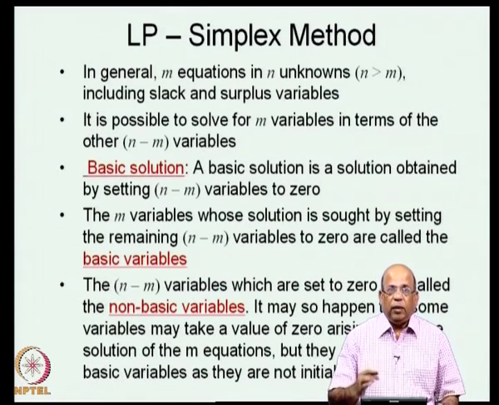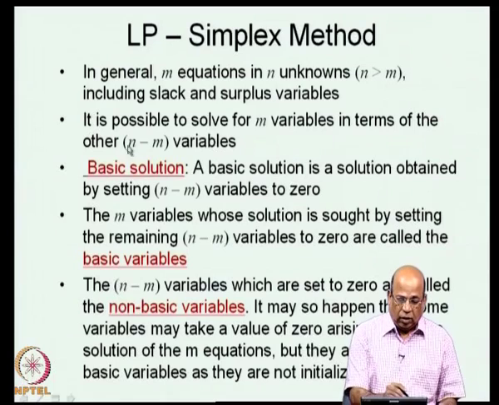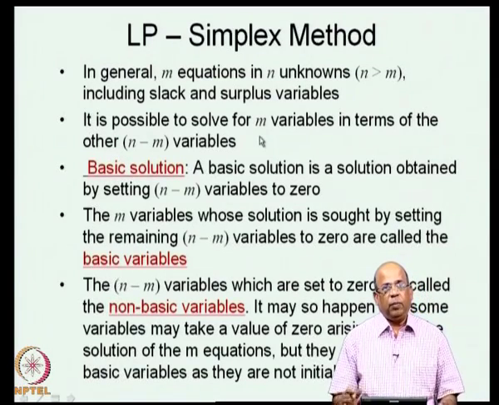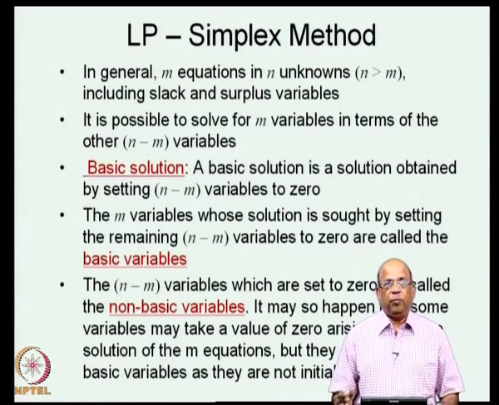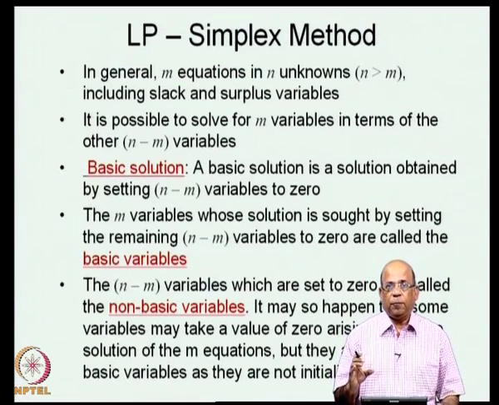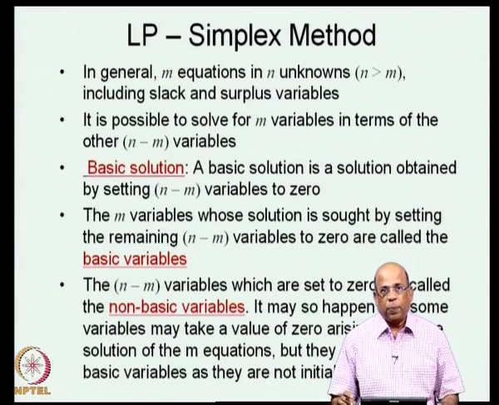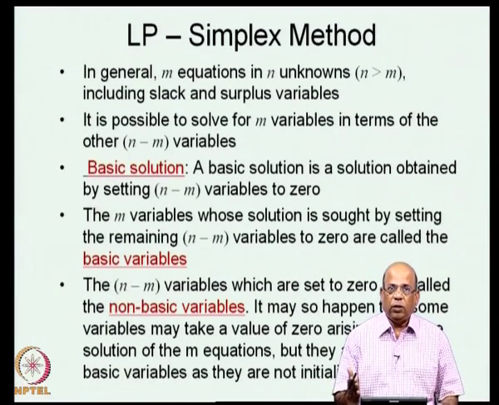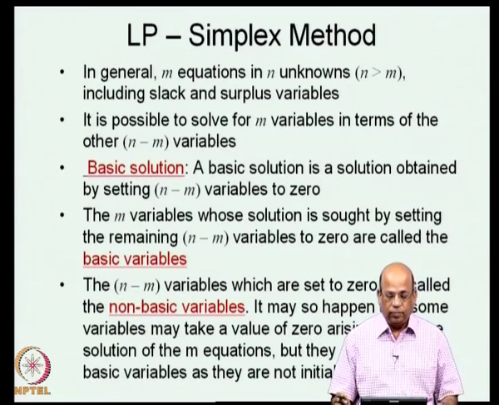So, this is the way we progress. Because it is possible for us to solve for m variables in terms of the remaining n minus m variables, the way we progress is, we set n minus m variables to 0 and obtain solutions for the m variables.